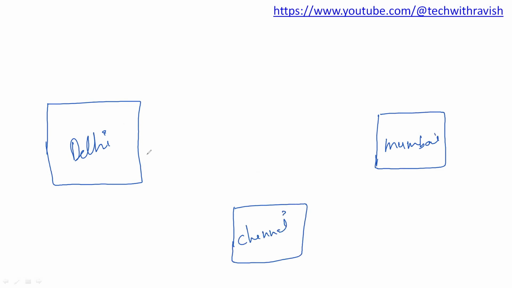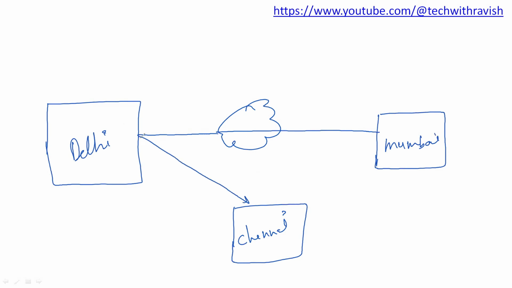If you want to forward your information between these locations via the internet, what will happen? This is our internet by which I can share the information between these locations, right or not? Like Delhi to Mumbai, or Delhi to Chennai, or Chennai to Mumbai. This is how we can forward the data, and we have an internet connection between them.